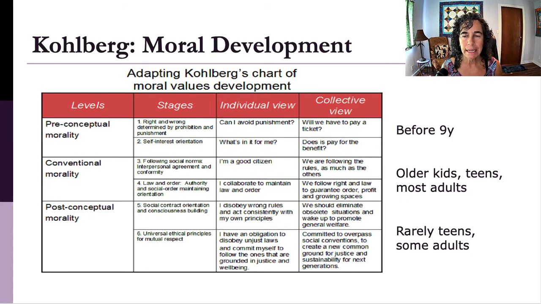And you can see in this one of the individual views is, I have the obligation to disobey unjust laws. So that's a pretty heavy statement. And to follow commitment to myself, to follow the ones that are grounded in justice and well-being. So consider Kohlberg and moral development.